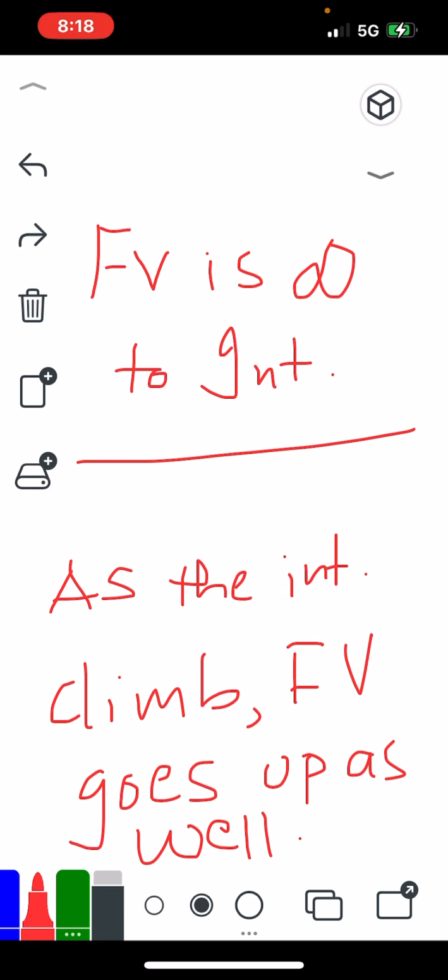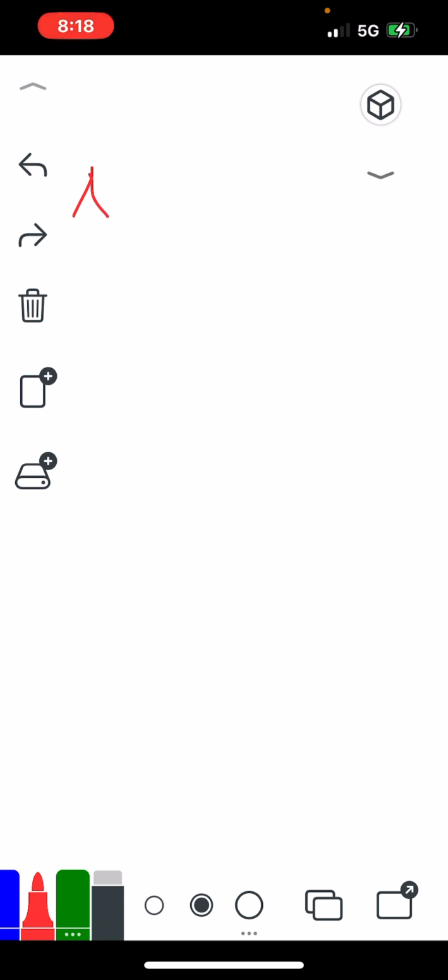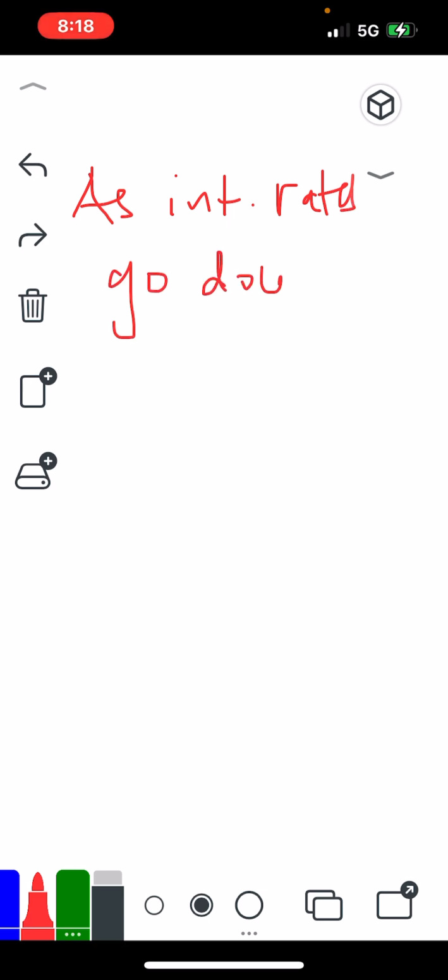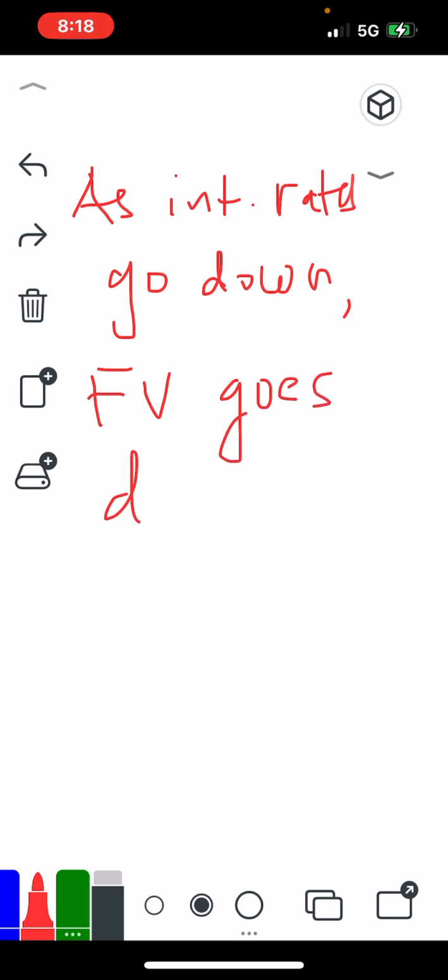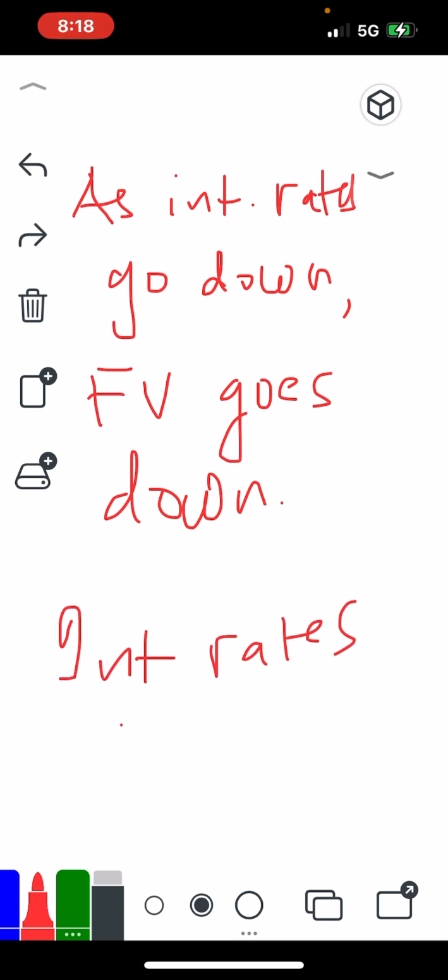And as the interest rates go down, the future value will go down. So technically speaking, interest rates are directly proportional to future value.